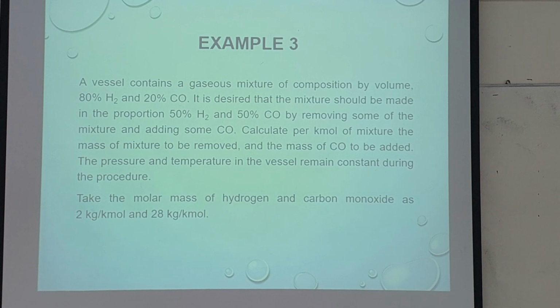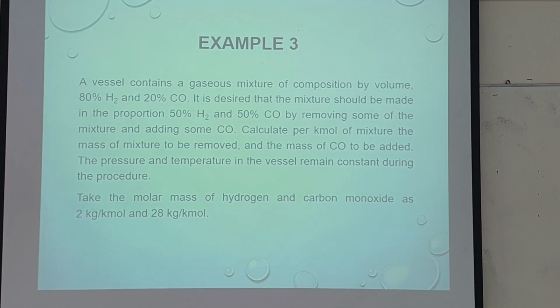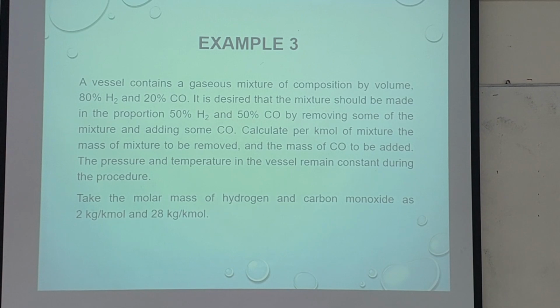Let's look at this question. So we have a vessel which contains a gaseous mixture of composition by volume, 80% H2 and 20% CO. It is desired that the mixture should be made in the proportion 50% H2 and 50% CO. So you have a vessel.